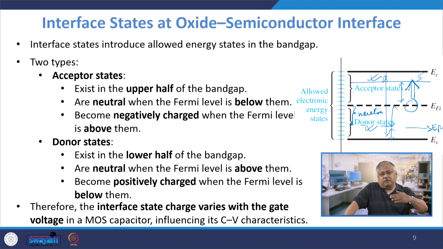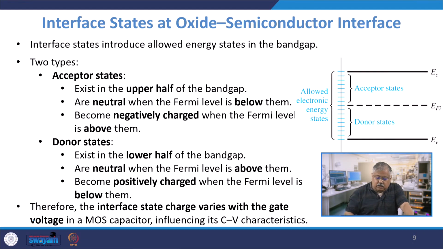So, all the states above the Fermi level will be positively charged, and therefore, depending on the gate voltage, the interface state charges vary with gate voltage in a MOS capacitor. And that influences its CV characteristics, right. It influences its CV characteristics to a larger extent, right. Okay. So, let me again give you a brief idea.